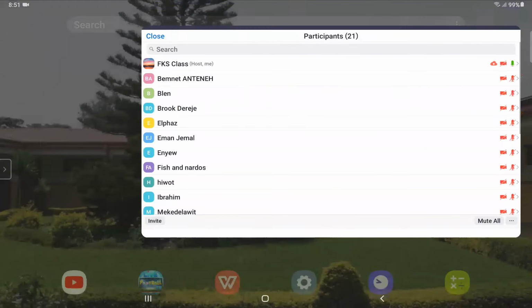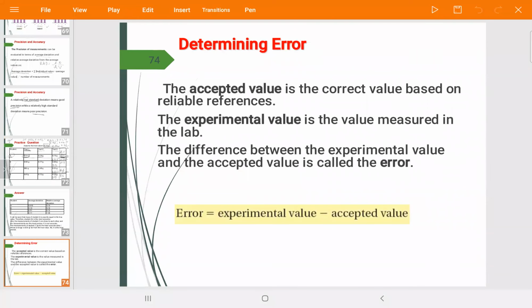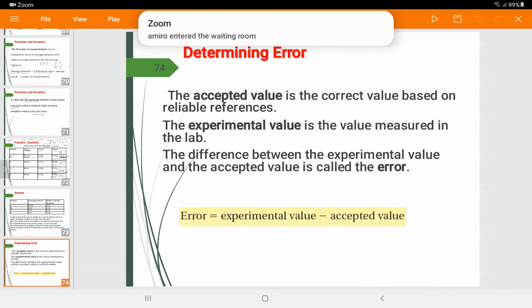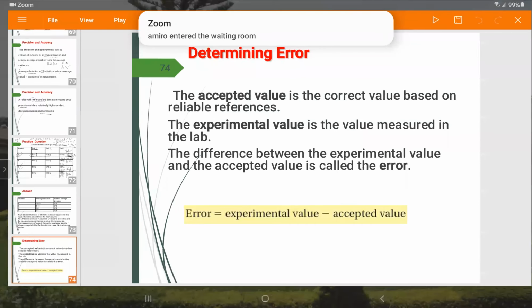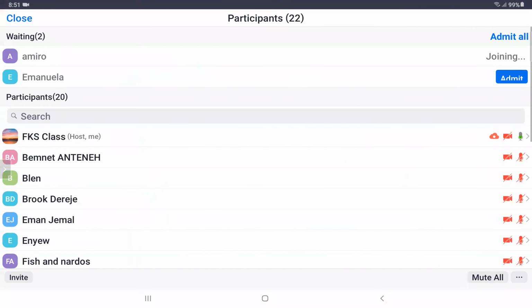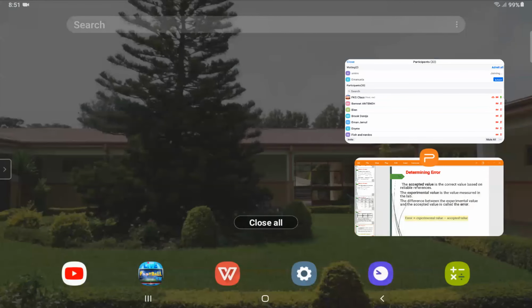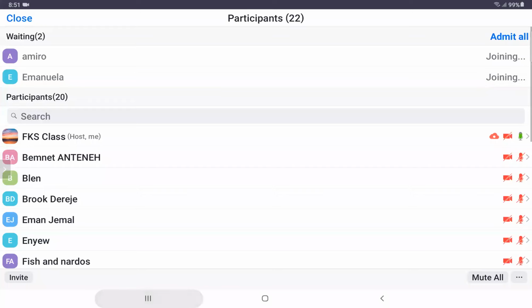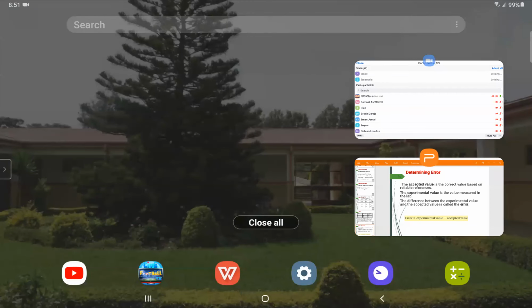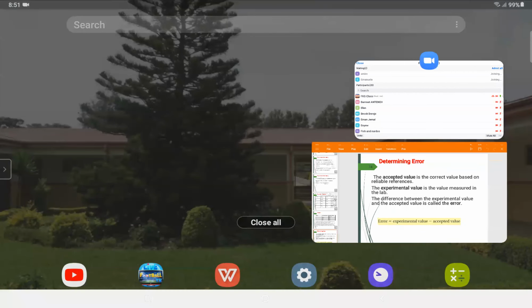Now, let us proceed to today's lesson, which is determining error. Before I define what an error is, let us define what an accepted value and experimental value refer to.